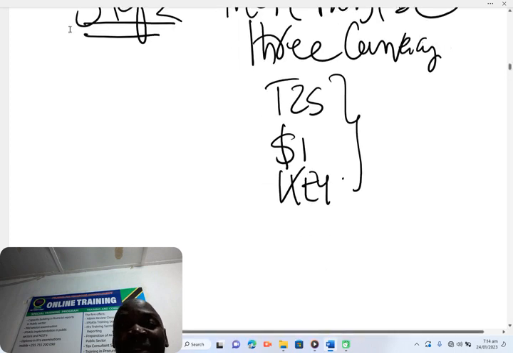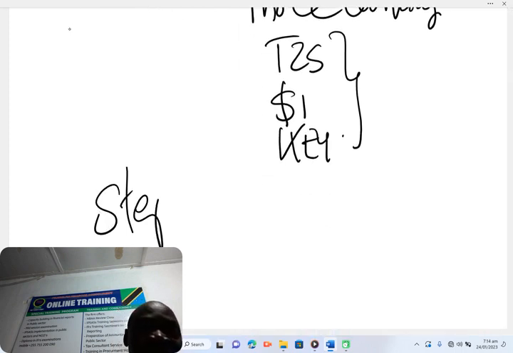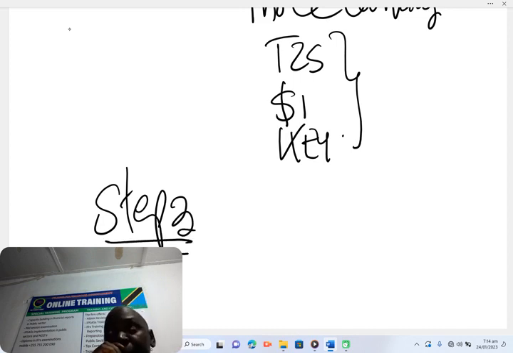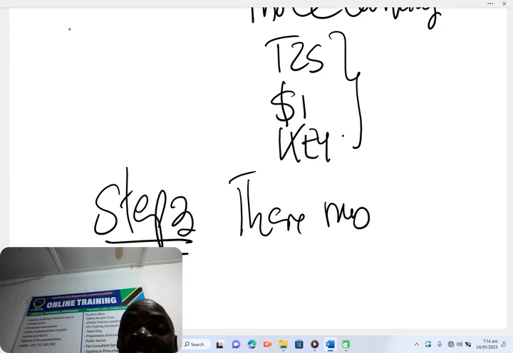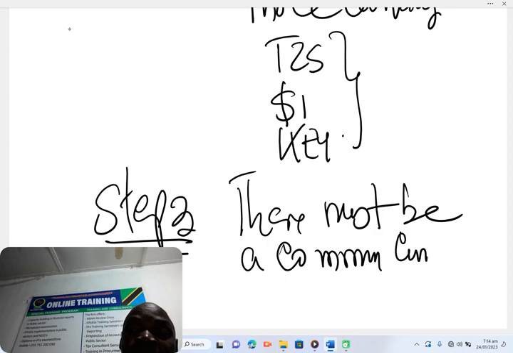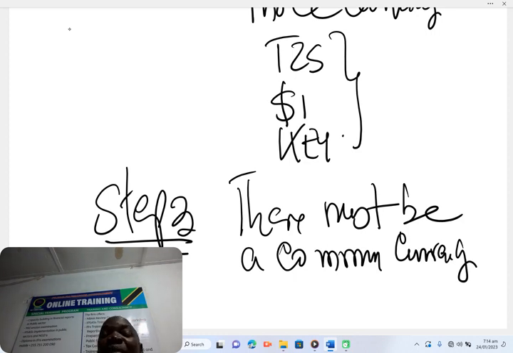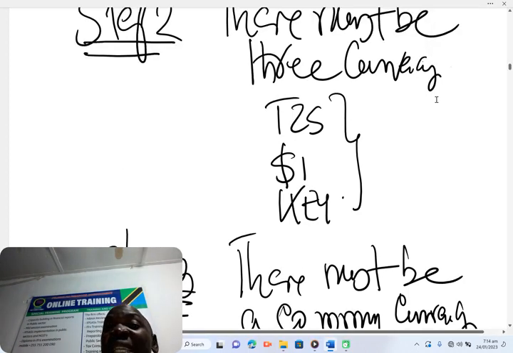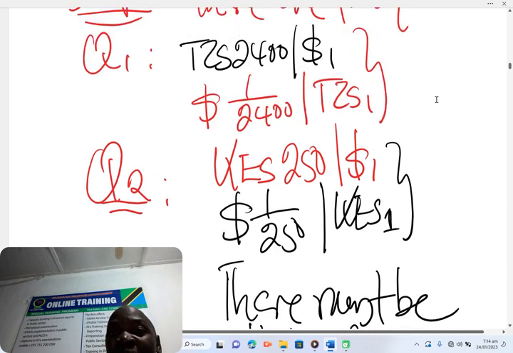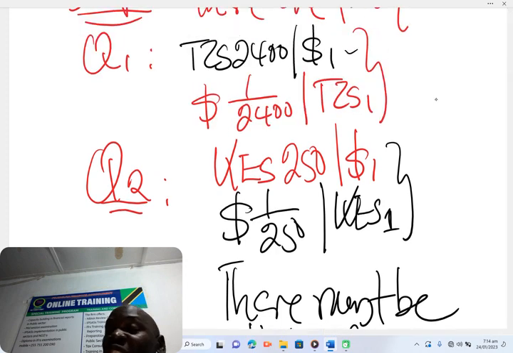Now, step number 3. Step number 3, what is it saying? There must be a common currency. Is it true? Yes. What is the common currency there? So when you see in these 2 quotations, the dollar exists in the first quotation and also the dollar exists in the second quotation, isn't it?